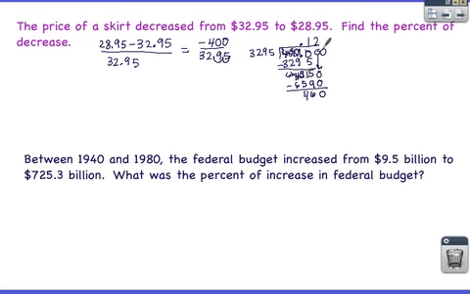And we'll have to bring another 0 down. And this goes in one time. And when we subtract, we get 1305. And we could continue along with this process, but we'll say that there is approximately a 12% decrease.